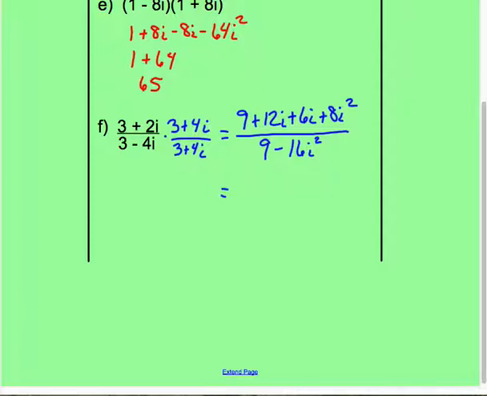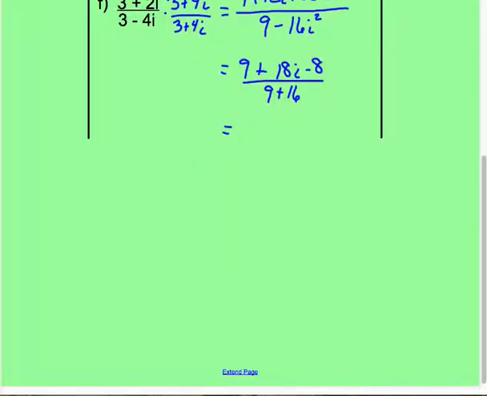Because those middle parts will just cancel, they'll be opposites. Simplifying in my numerator, I get 9 plus 18i minus 8 after I simplify that i squared to negative 1. In the denominator, I get 9 plus 16 after I simplify negative 16i squared times negative 1.